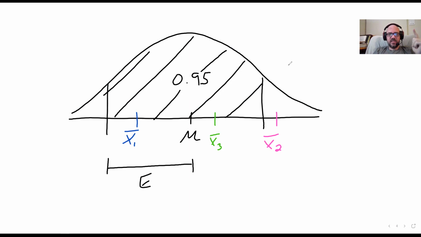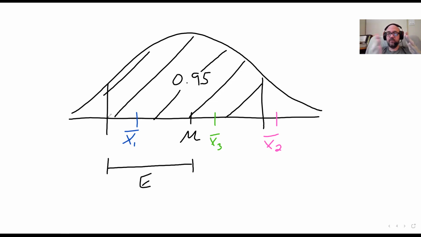So let's say this distribution is the actual population distribution. Now, the researcher doesn't know what this is, and has no idea what mu is either. However, we do know that for normal distributions, if we are within 1.96 standard deviations of the mean, then we get 95% of our data.